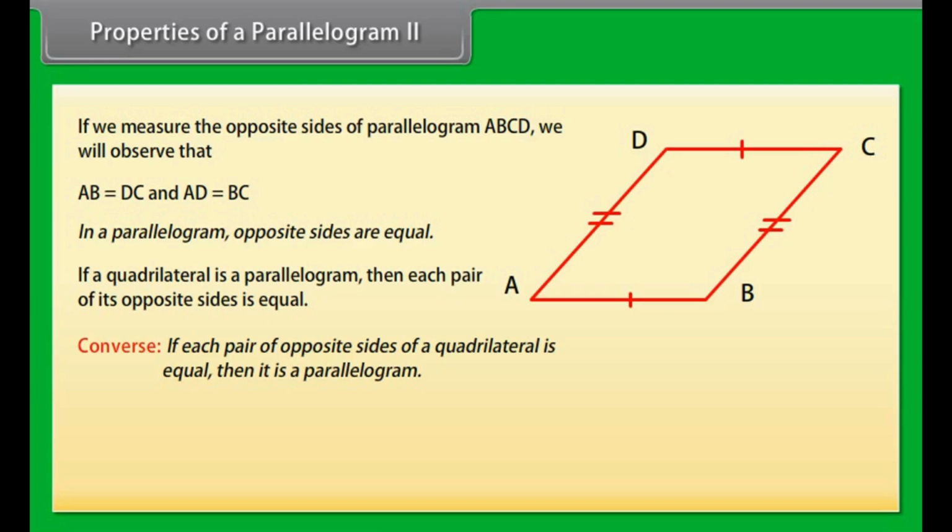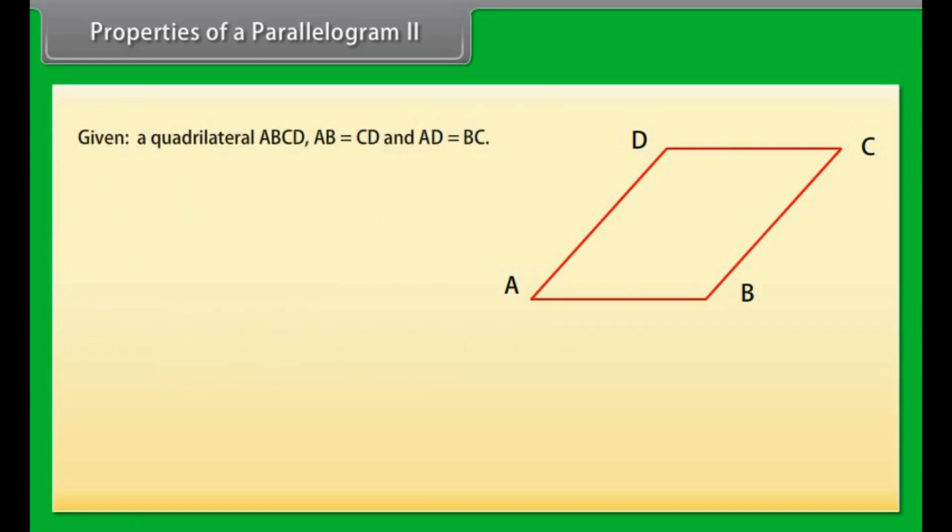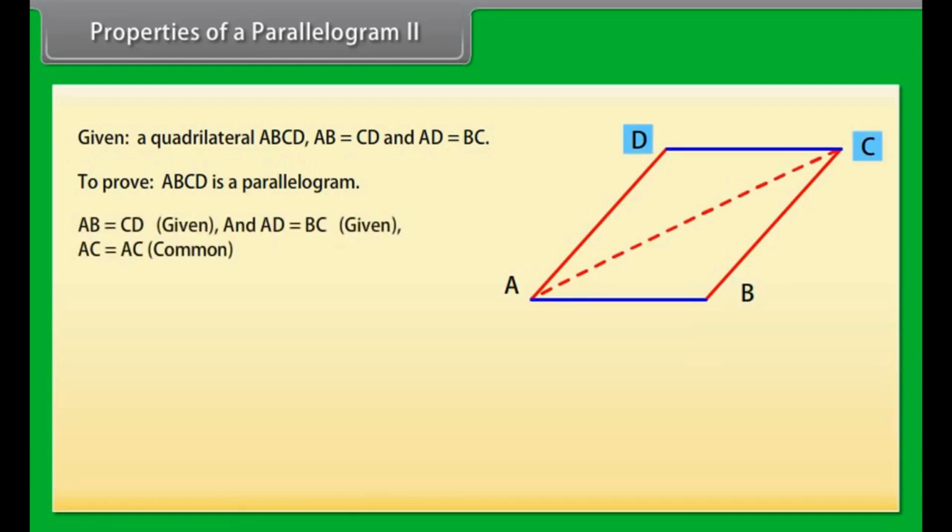Let us prove this theorem. Given a quadrilateral ABCD such that AB is equal to CD and AD is equal to BC. To prove ABCD is a parallelogram, draw a diagonal AC. AB is equal to CD and AD is equal to BC. AC is equal to AC, common.